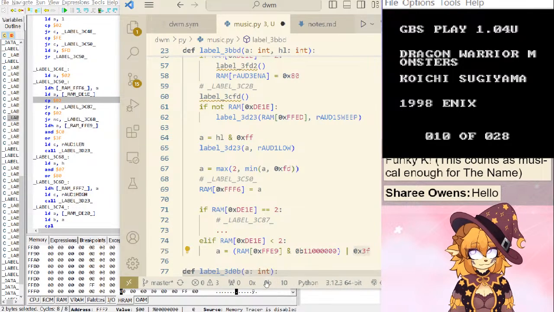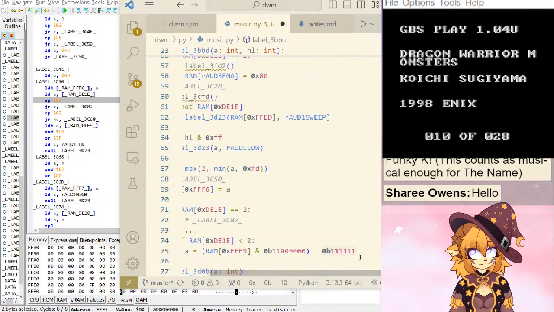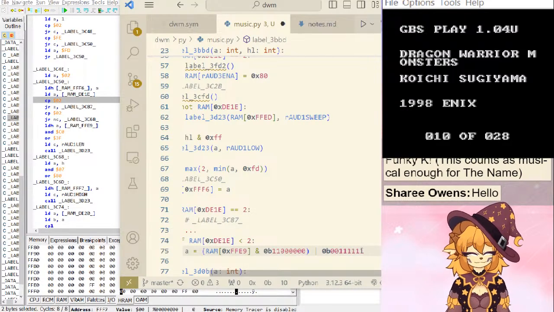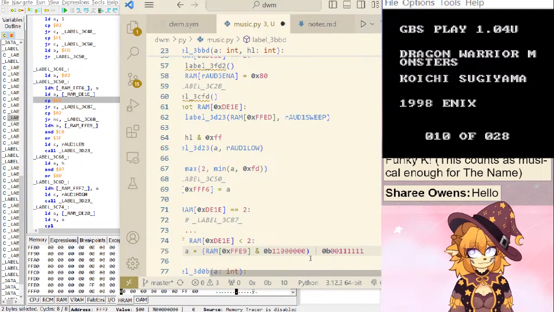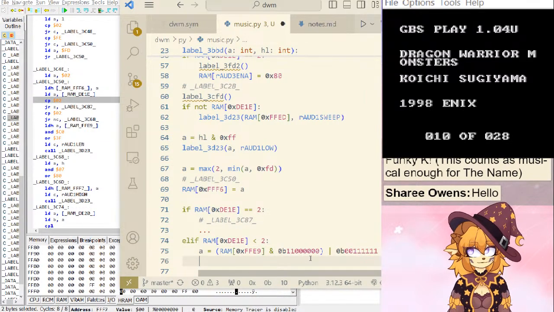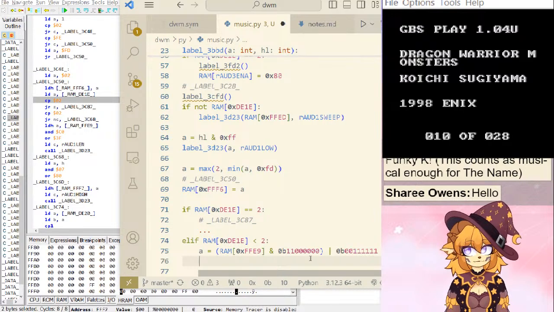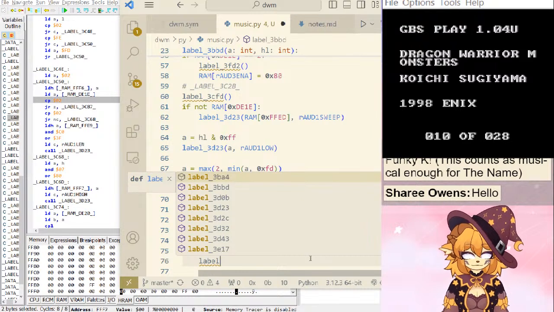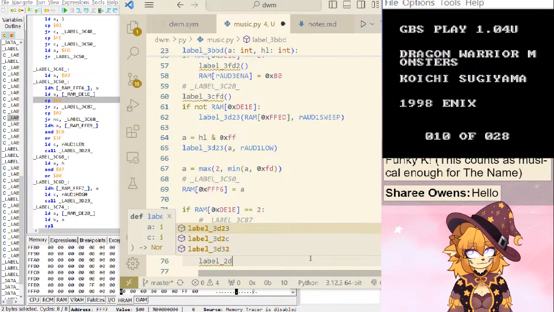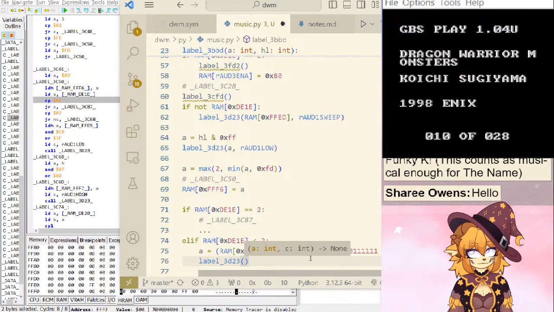We'll just do that. That's it there too. D, 2, 3.